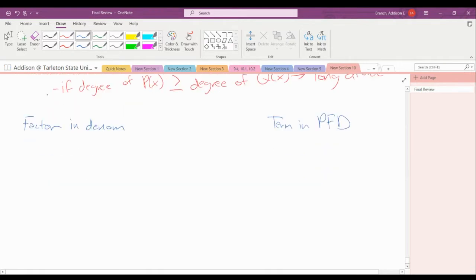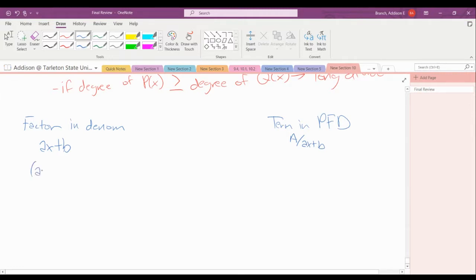If you have just plain ax plus b in your denominator, when you get your partial fraction decomposition, that will turn into an A over ax plus b. So just a constant over that linear.